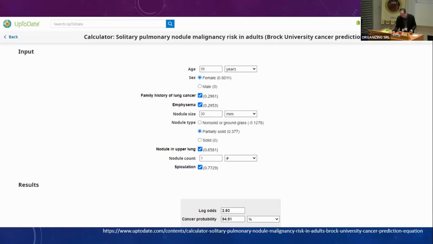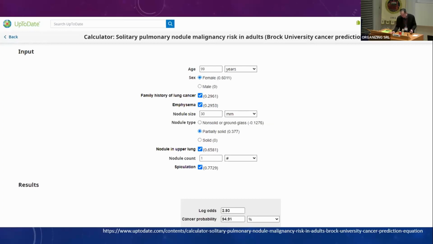And what you'll notice here is that even when we fill out all the most dangerous or potentially cancer risk factors, including age of 99 years, female sex, positive family history of lung cancer, positive emphysema, nodule size of 30 millimeter, which is technically a mass, with a partially solid consistency, which is another higher risk factor for malignancy, nodule in the upper lung, nodule count of 1, and spiculation.